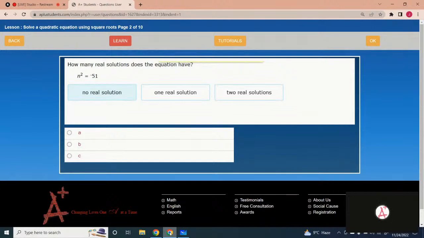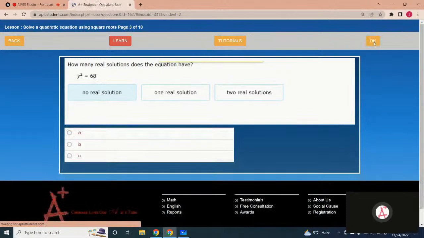Why does this one have no real root? Because n square is negative. So the square root of a negative number is not a real number. Got it? So the equation has no real roots. So move on to the next question. It has option number A, no real solution.